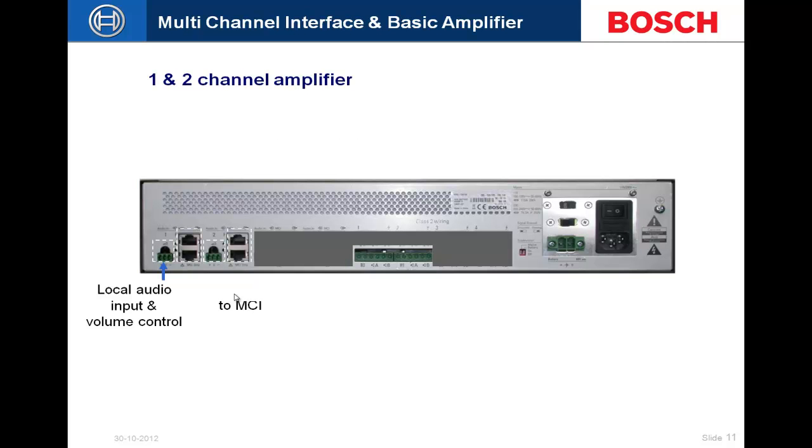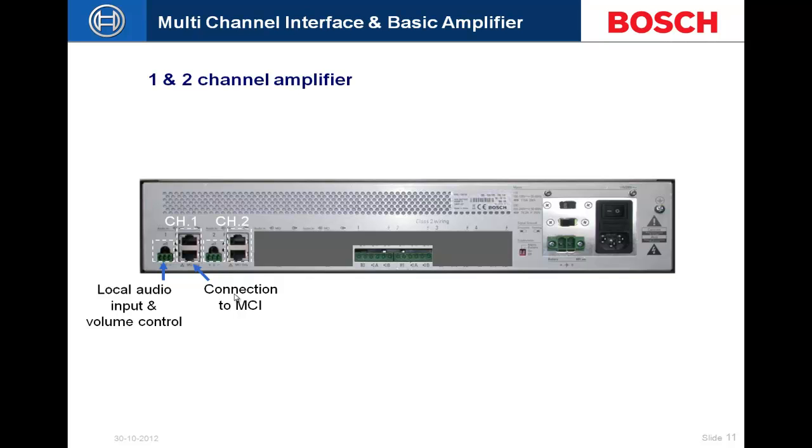On the back of the amplifier, we've got our local audio inputs and volume controls located above those, a little dial. Those are local audio inputs, meaning those are automatically routed as a low priority input into the amplifier, and they are directly routed to the amplifier's output.